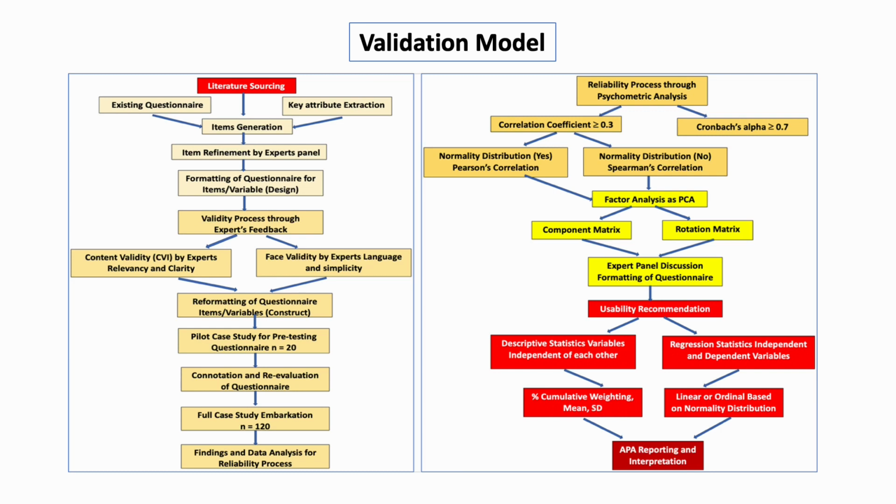There is a way to draw conclusions from the mean and standard deviation. A formula has to be used, but this talk will basically be about the validation process or content validity index, and then the conclusion is drawn, APA reporting and interpretation is made.